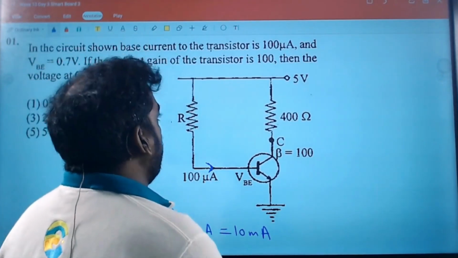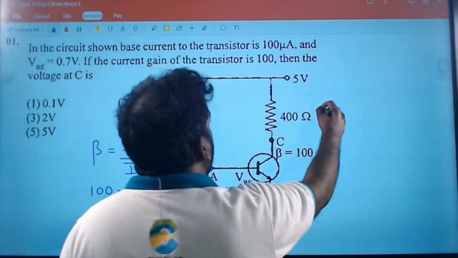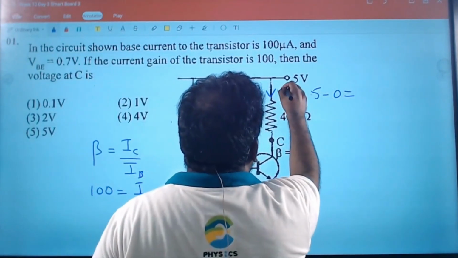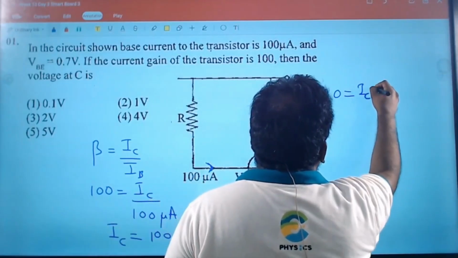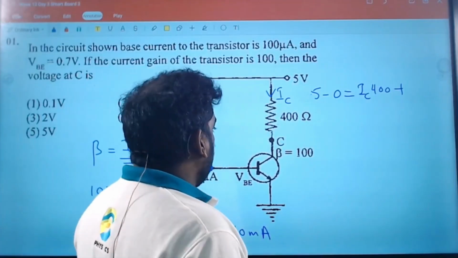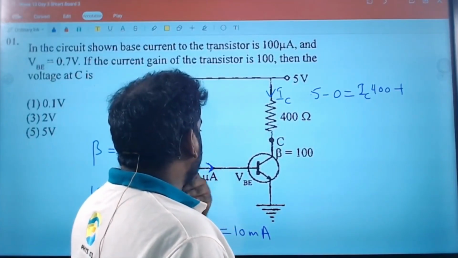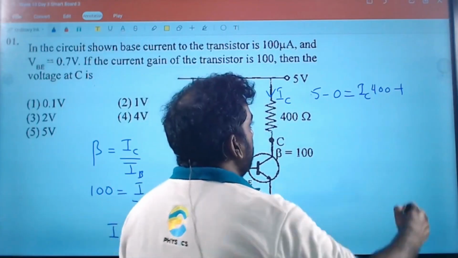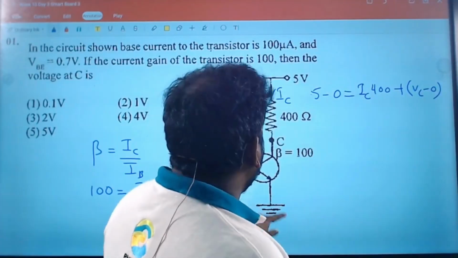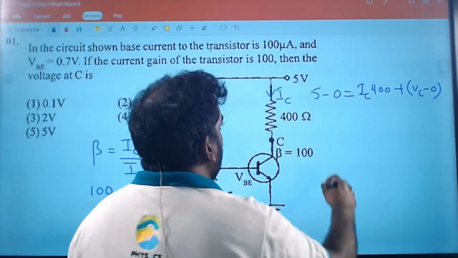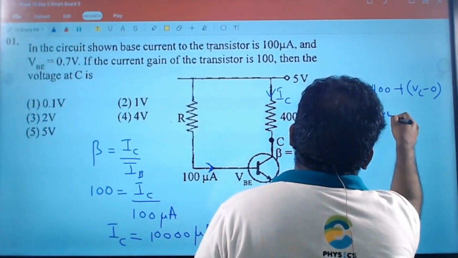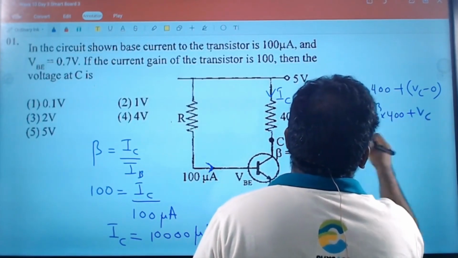Now how do you find the voltage here? Think about the potential difference: 5 minus 0, the potential difference there, is going to be IC into 400 plus VC. So 5 is equal to 10 milliamperes times 400 plus VC.